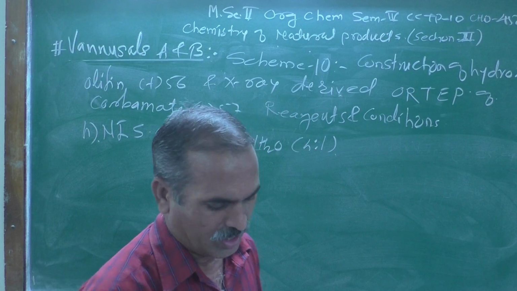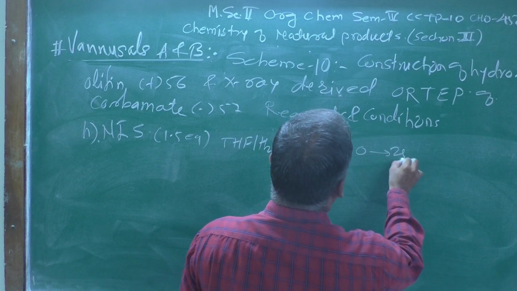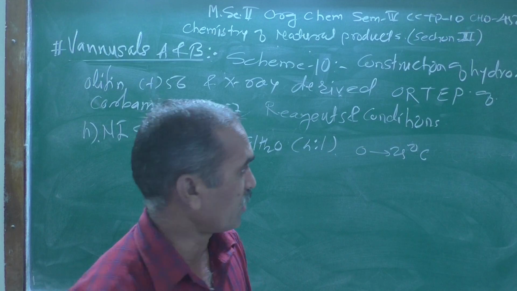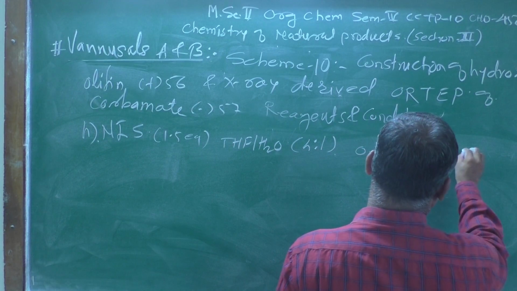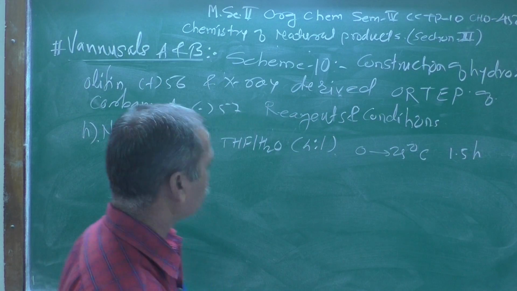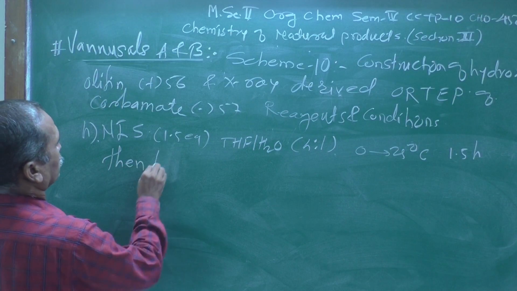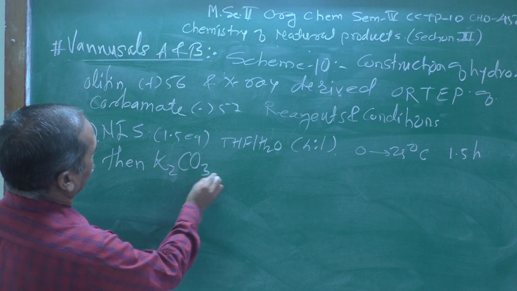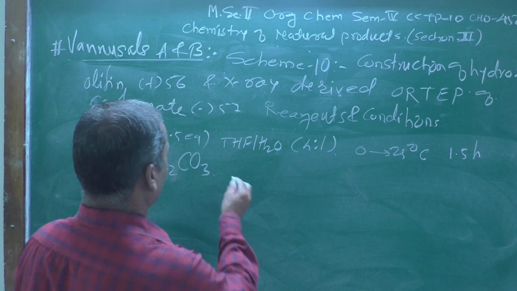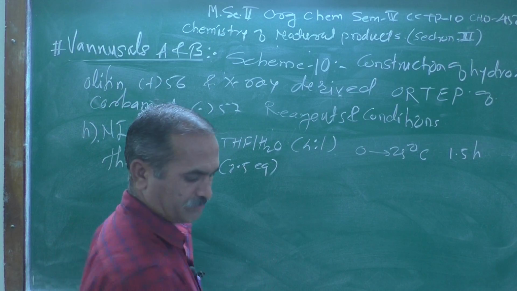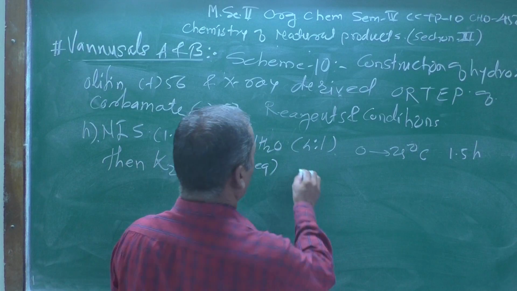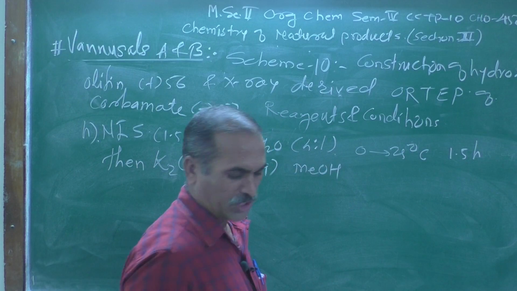The temperature changes from 0 to 25 degrees centigrade during that reaction, and this reaction was stirred approximately 1.5 hours, and then the base used is K2CO3, potassium carbonate, which was taken about 2.5 equivalent, and the solvent employed is methanol.